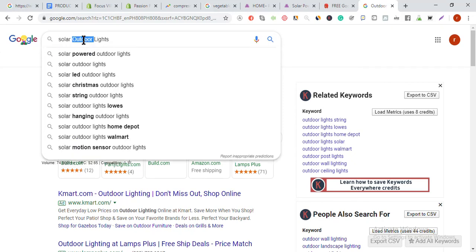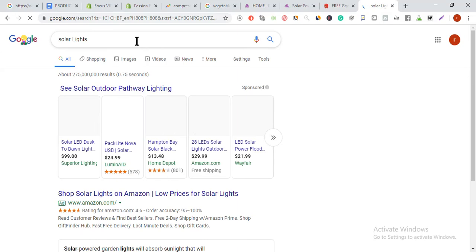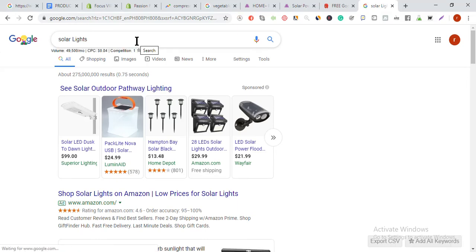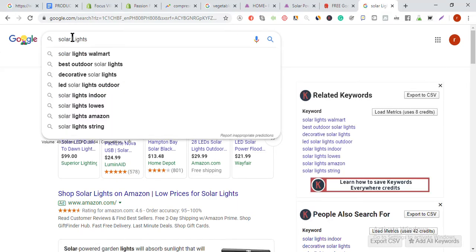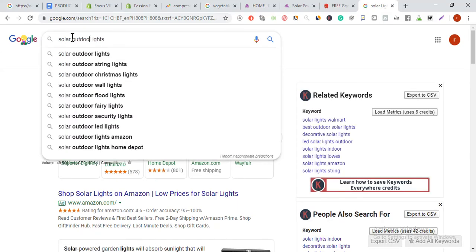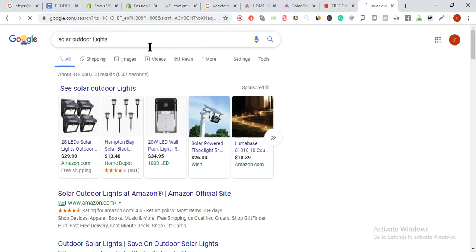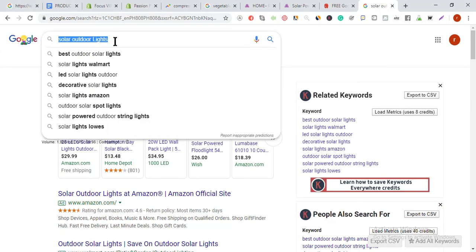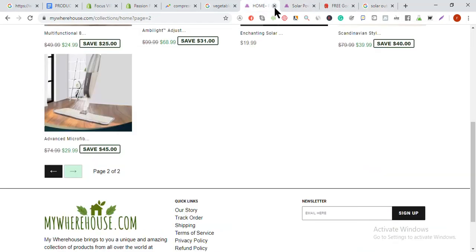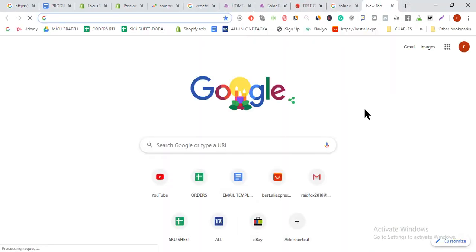It will be the same. Okay. So we're good with this keyword here. I think it's very interesting. So let's just say we're going to test this. As usual, you have to do the 3 pillars.